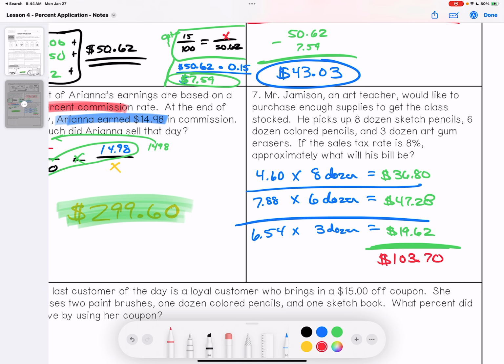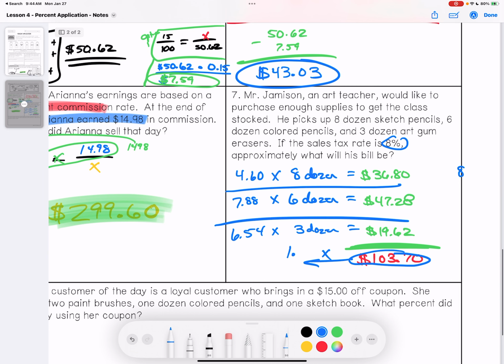To figure out his total bill, there are 2 ways to do it. You can figure out the tax first and then add the tax back in, or you can do it in one step on your calculator. And here's how you do it on your calculator. You take the total amount before tax and multiply it times 1 point whatever the tax is, which is 8%. Remember, tax is over 100, so it's 8 over 100, which is 0.08.